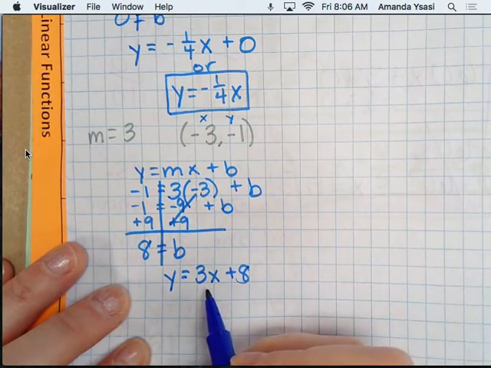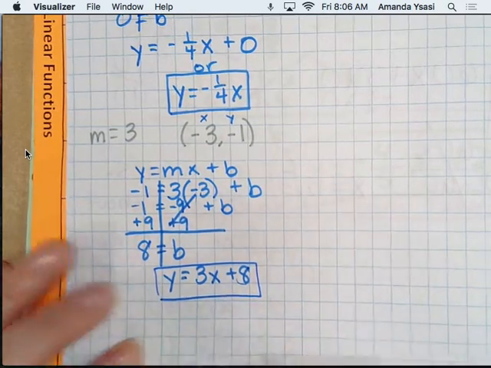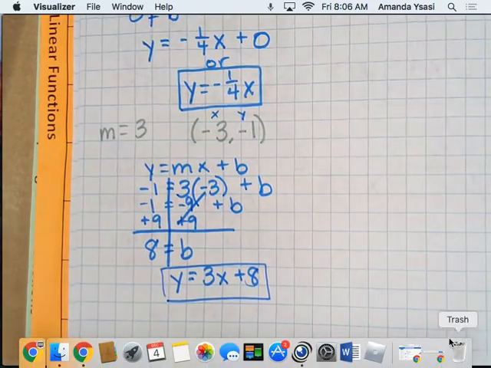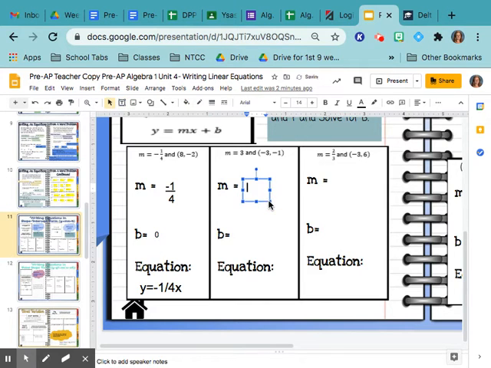Our m is 3. So let's fill it in on our digital one. So we have that this is 3. This is 8. So we have y equals 3x plus 8.